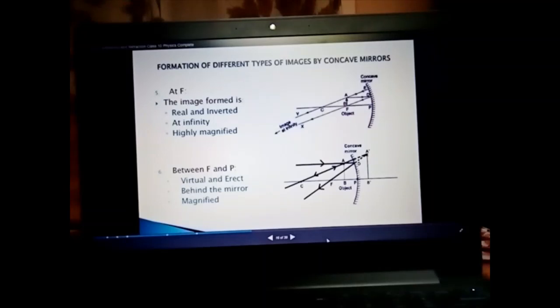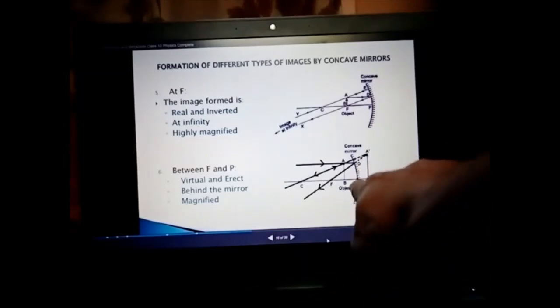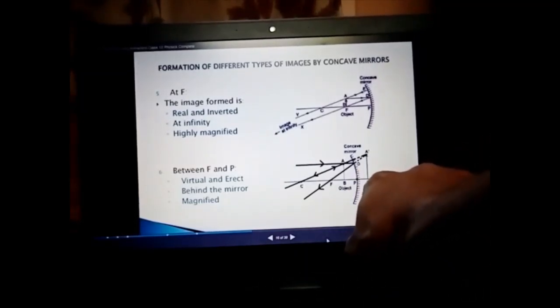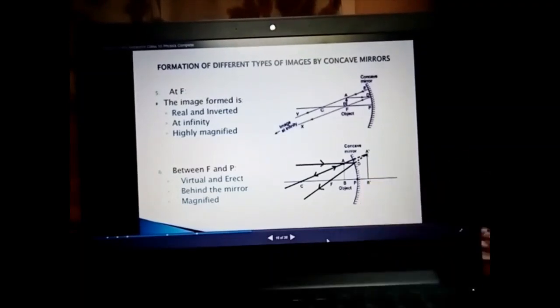Size of the image is magnified, and the position of the image is behind the mirror. So this image is virtual in nature and it cannot be taken on screen. So this is the sixth and the last case.